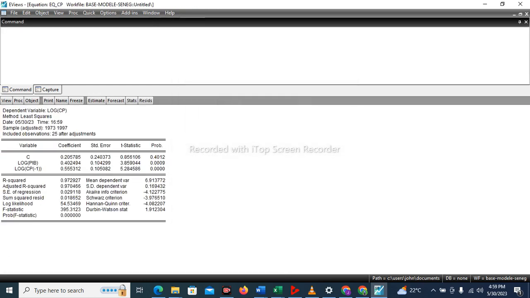We have it. Now you can see how our first equation looks. There are important things. One important thing I would like to emphasize is the Durbin Watson statistic, over here. The Durbin Watson statistic measures correlation, or what we call serial correlation, in residuals from regression analysis.